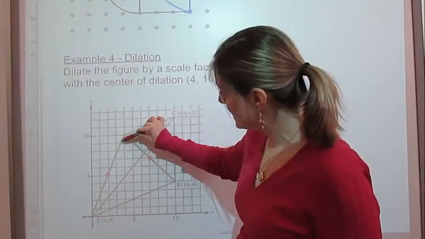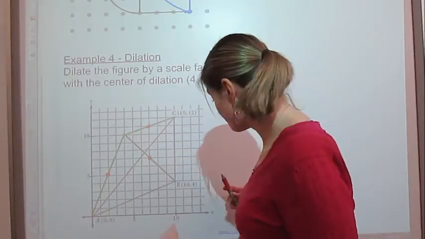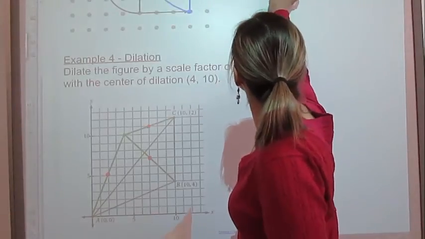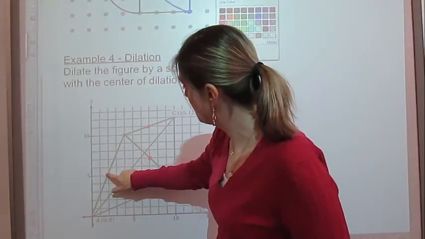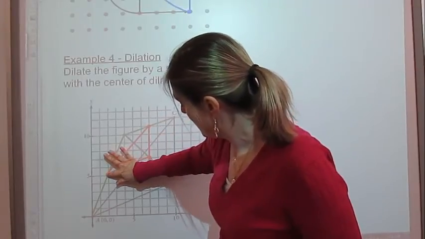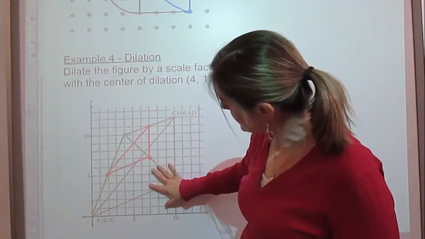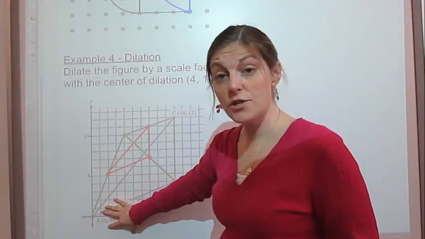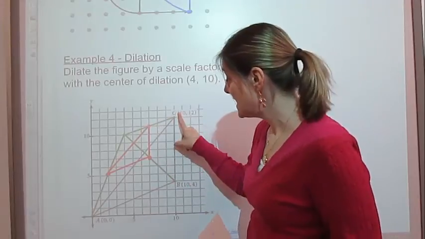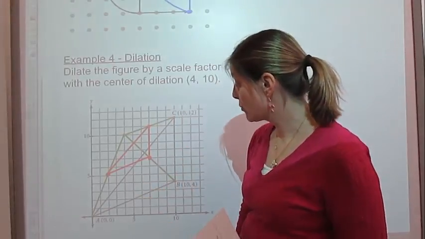Each of those is half of that line segment, and then it's just a matter of connecting the points. So we will connect those, and you can see that this is the same shape as the original, but it's half as big. Each segment is half as big as the original segments.